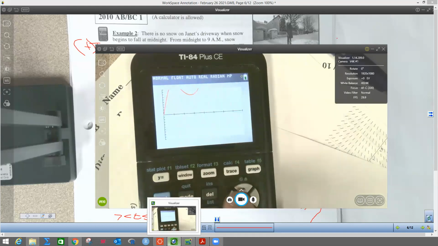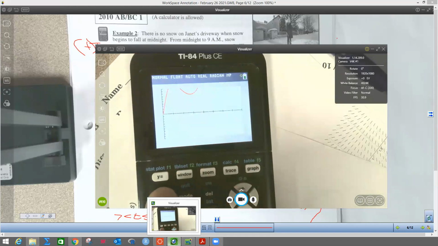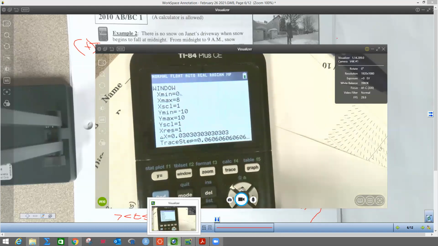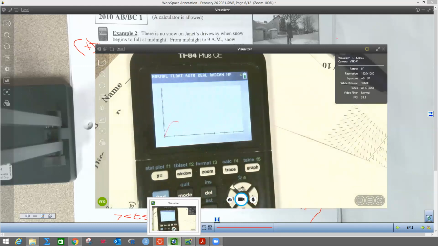So I'm going to make my y value from 0 to 8, and I'm just going to go from -1, even though there's no negative snow on there. I'm going to go up to, I don't know, 40. That may not be enough, but we're going to graph and see what that looks like.